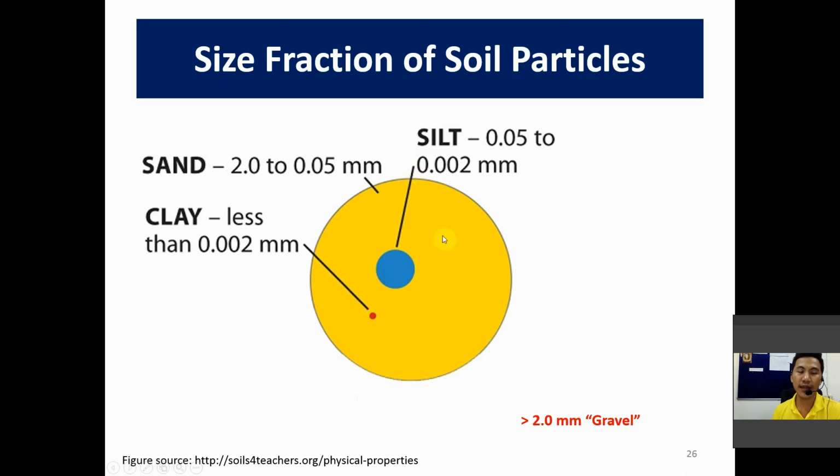And this is a relative size fraction showing you how big sand could be compared with silt and clay. But keep in mind that this is not the real shape of the soil particles. The shape of the clay particle, especially once that clay size particle is clay minerals, would be more like sheets, not a dot or a sphere like this.